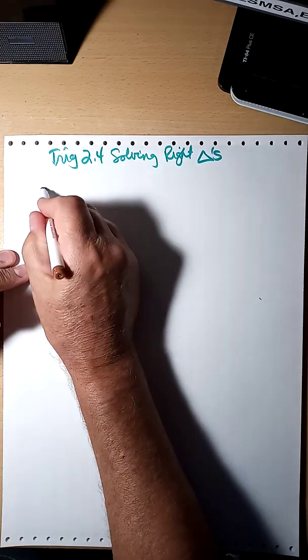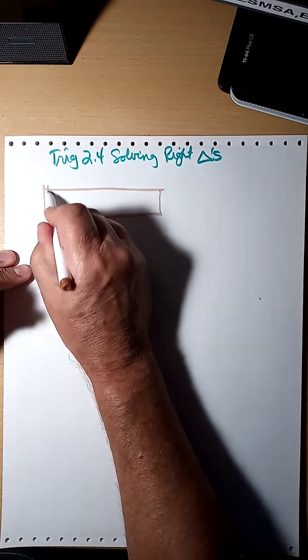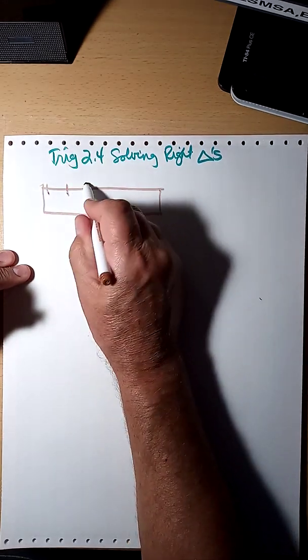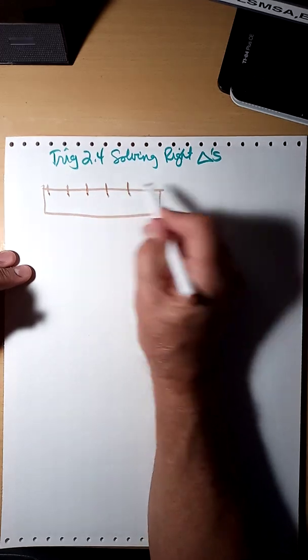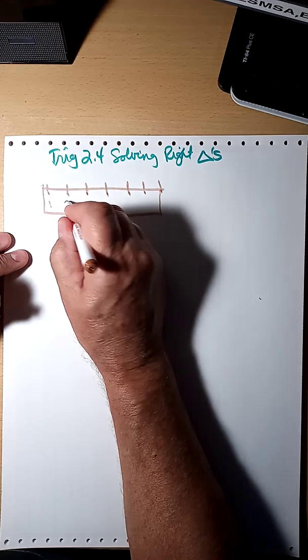Let me begin by saying, if you have a tool to measure, let's say a straight edge marked off in inches, but not any half inches or quarter inches, just inches.